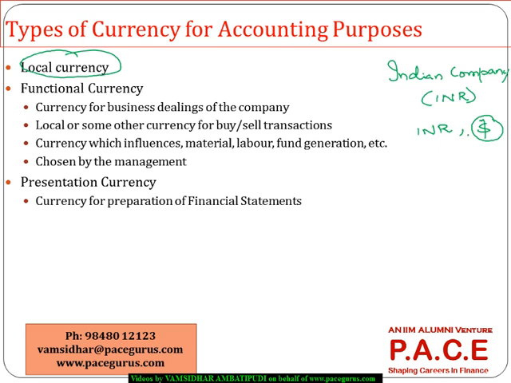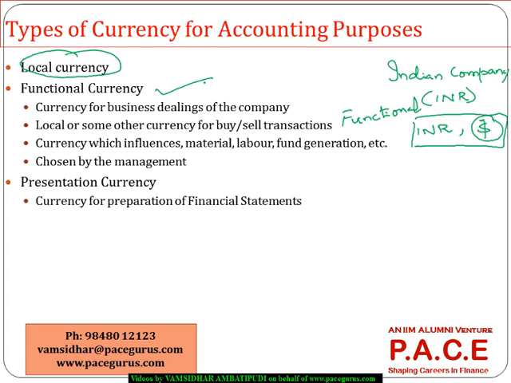When a company is using the dollar for transaction purposes, we say that it is not using the local currency. In either case, whatever currency a particular company is using for regular transactional purposes is what we call the functional currency. It may be the same as the local currency, or different, it doesn't matter, but most of the business dealings happen in this currency.